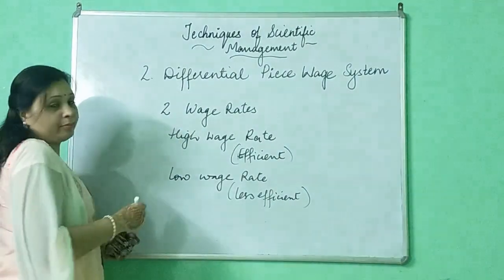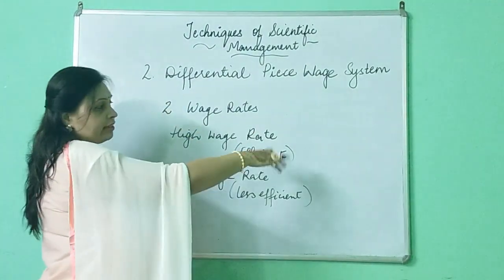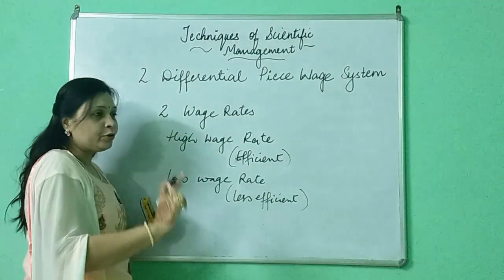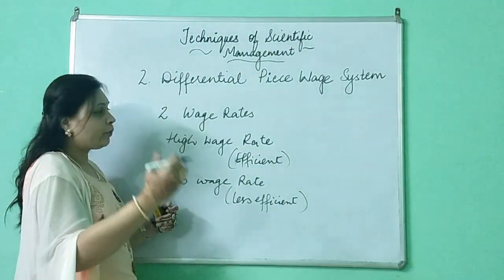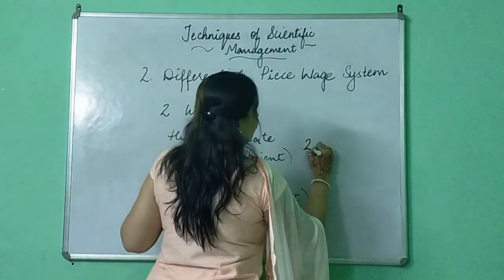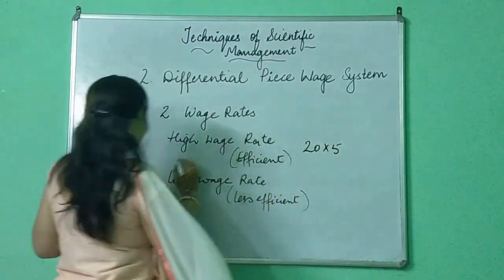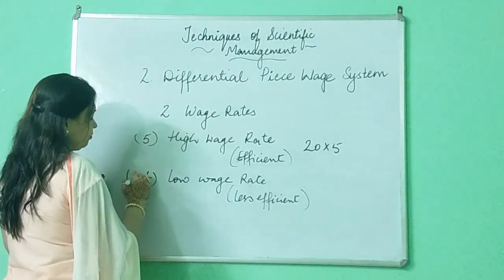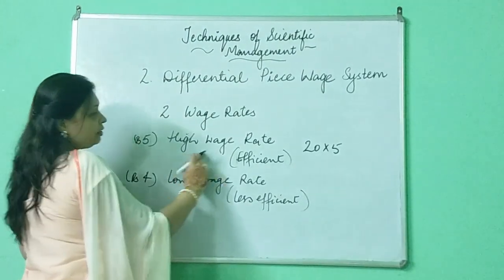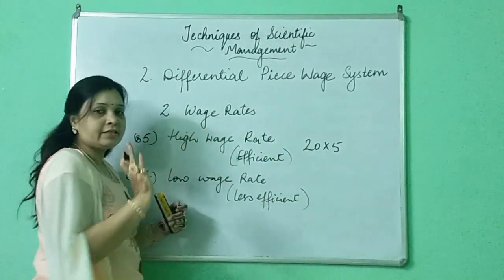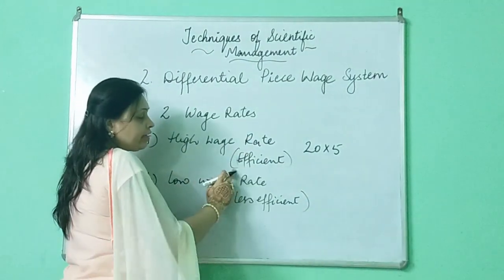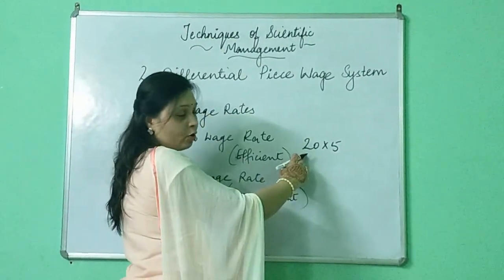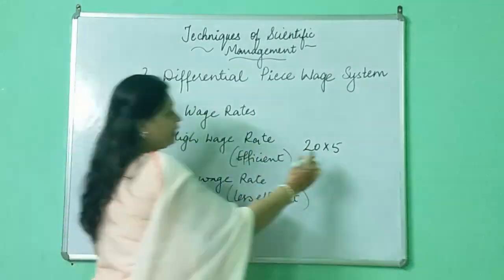Taking this example, we have a high wage rate of 5 rupees and a low wage rate of 4 rupees. If a worker makes 20 units, which is the standard output, the efficient worker is completing his task on time and is paid 20 into 5, 100 rupees.